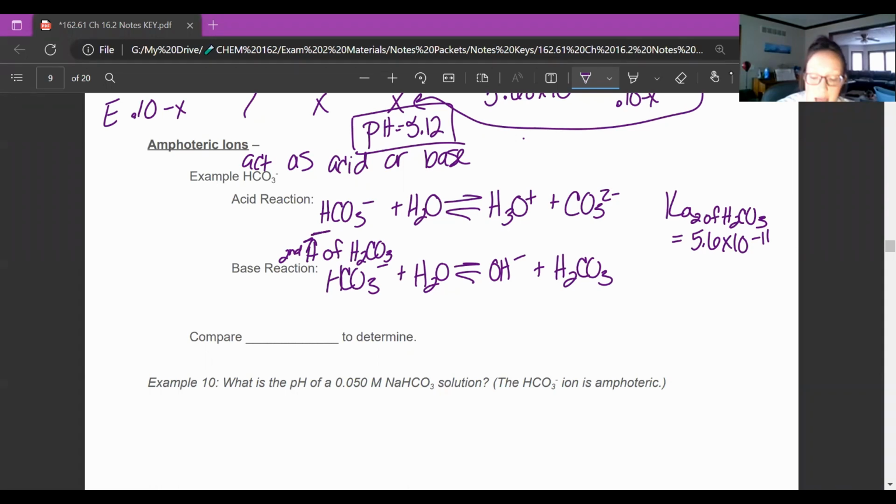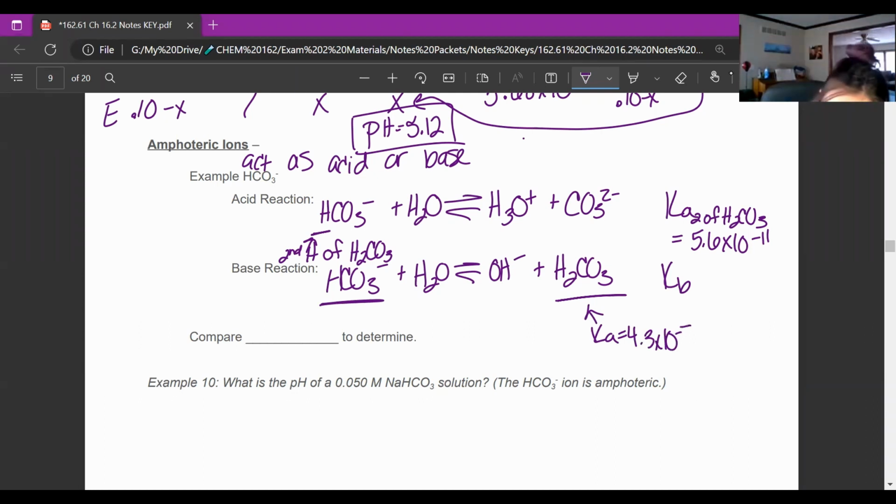So then how do I find the Kb of this equation? This doesn't necessarily look familiar. Now you can look at my ions on both sides and say, okay, well, these guys are conjugates. Do I know what the other one is? It's Ka, right? We do know the Ka of H2CO3, it's Ka1, if it lost one hydrogen. The Ka of this is 4.3 times 10 to the negative 7.